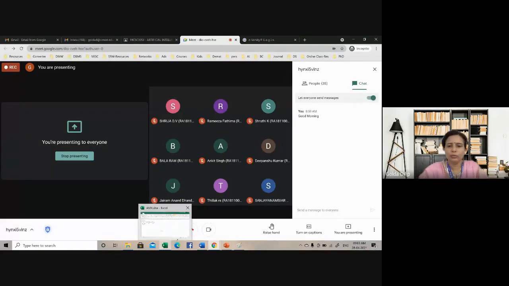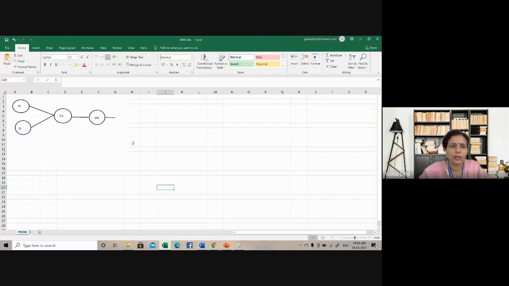Right. This is a small network which I intend to solve today. It has two input nodes, I1 and I2. Then it has one hidden node, H1. This is the hidden layer, H1, and this is the output layer, O1.